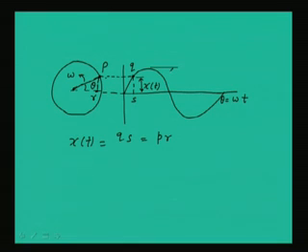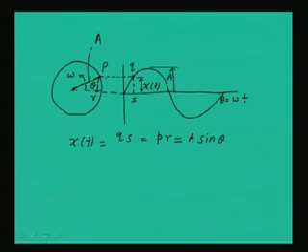If we define the maximum displacement as a, when this radius comes to the top, the length of the radius is a. So pr can be written as a sin theta.